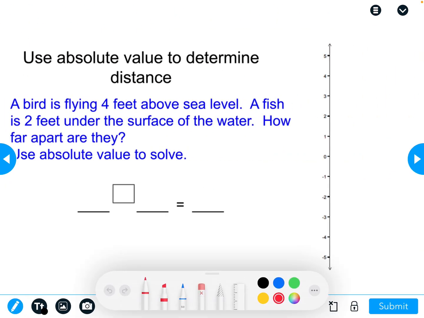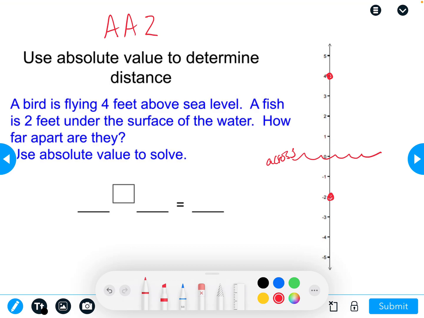Here's another one. A bird is flying 4 feet above sea level. So we have it here. And a fish is 2 feet under the surface of the water. That would be -2. How far apart are they? In this case, here's our water at 0. They're going across 0. When you go across 0, we need to add. Add across 0.